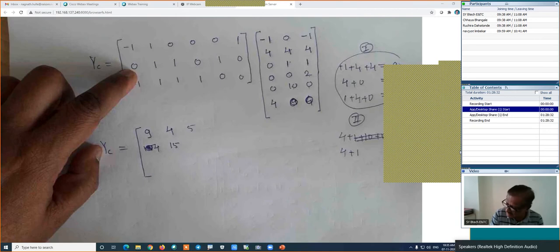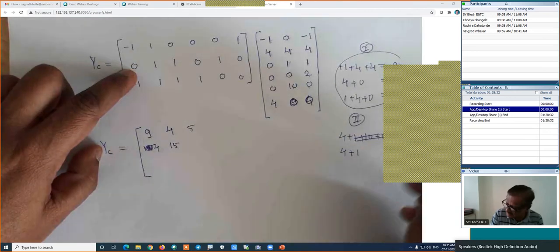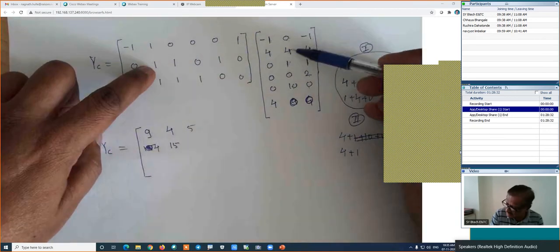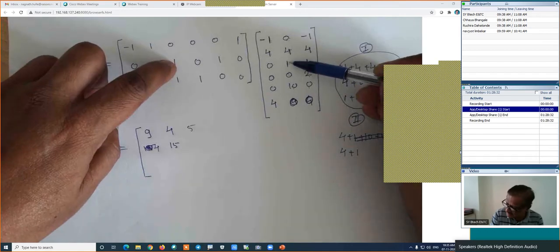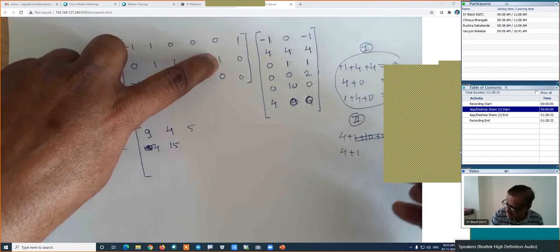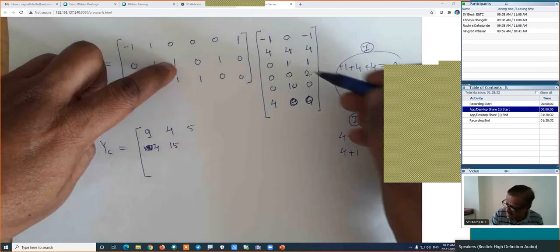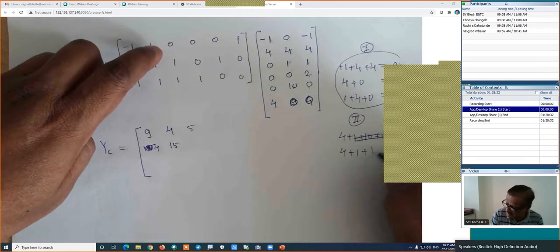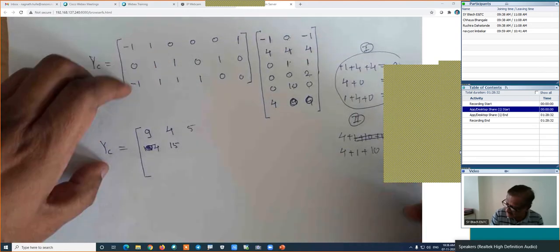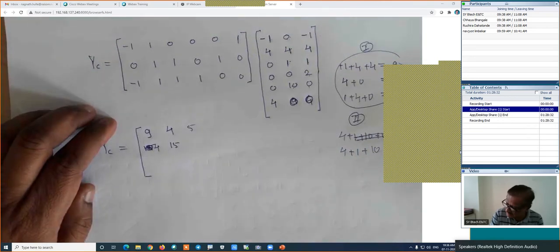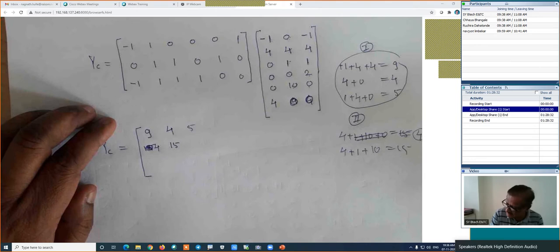This is 15. This will be the 4, and then 0, this is 4, this is 1, this is 0, and this is 10. Means it will be 15. This second is 15. Absolutely fine. Just remind me if I am making a mistake. Unmute yourself or raise your hand. I will come to you.